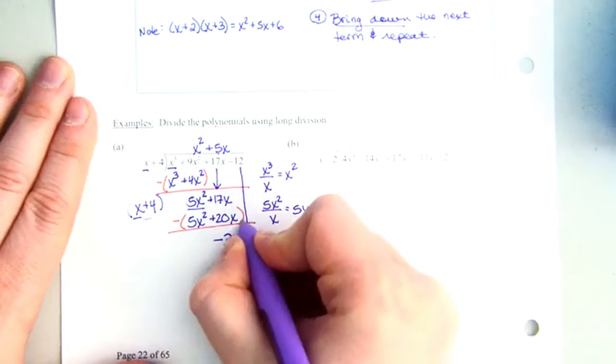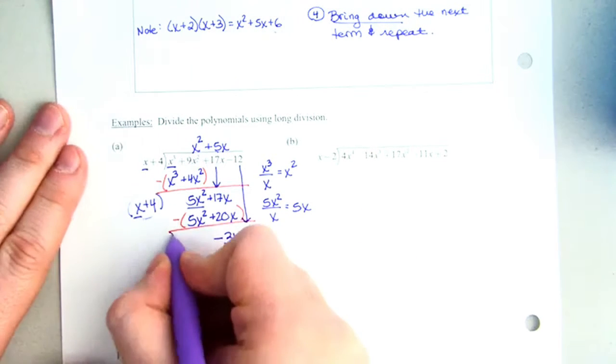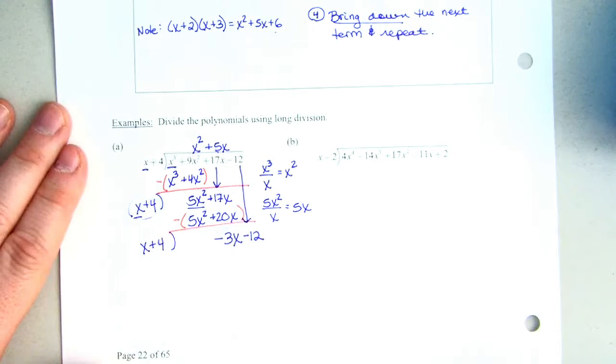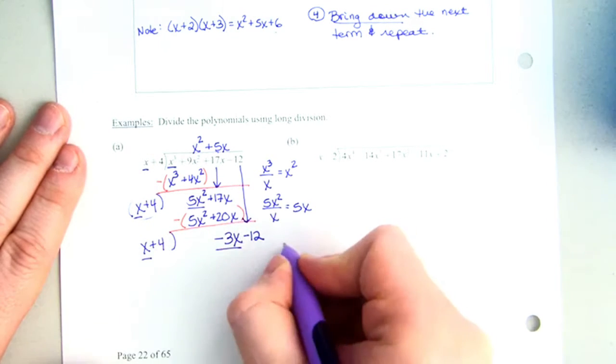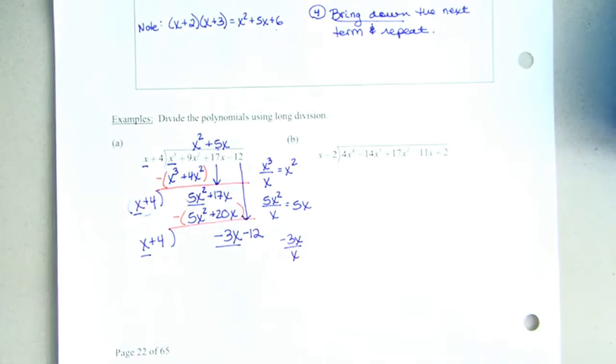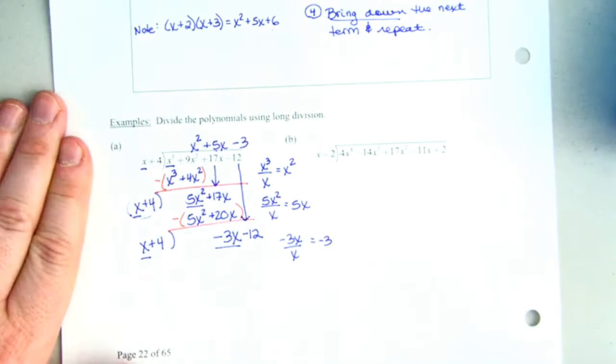I'm going to bring down the last term, and I'm going to start over. Okay, so here we go. Negative 3x divided by x gives you, I'm hoping you said, negative 3. I'll put a minus 3 over there.